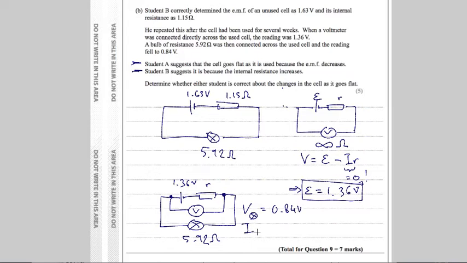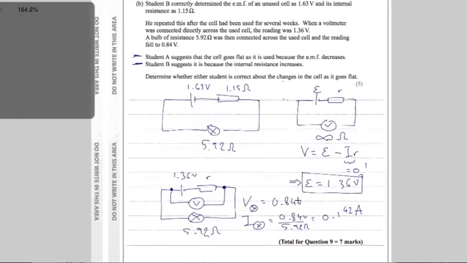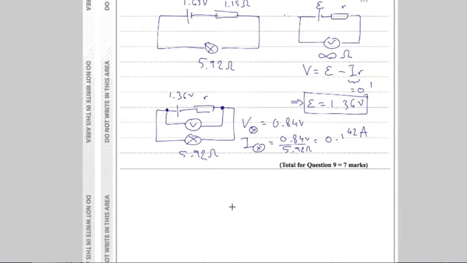That means the current in the light bulb will equal 0.84 volts divided by 5.92 ohms, which is, let's see, it is 0.142 amps. And now I'm going to make use of this formula for the voltage in terms of the EMF and the internal resistance. I think I'm going to need to make use of some of the space under the question.